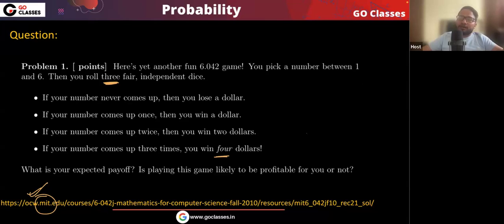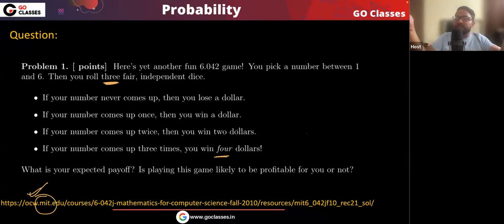So if any casino is having this kind of game, then on average they will be just earning money. They will not be losing money. For example, let's suppose there are 100 people playing per day. In a month, 3,000 people are playing.